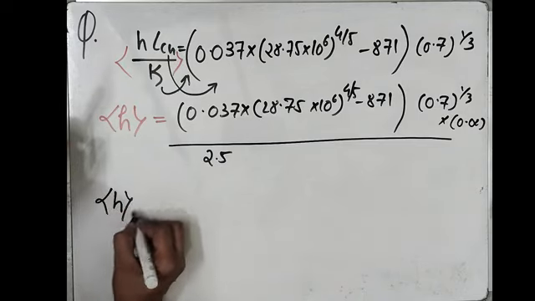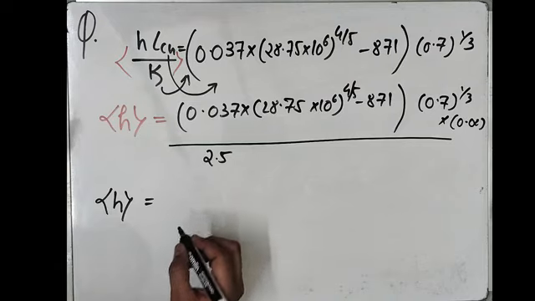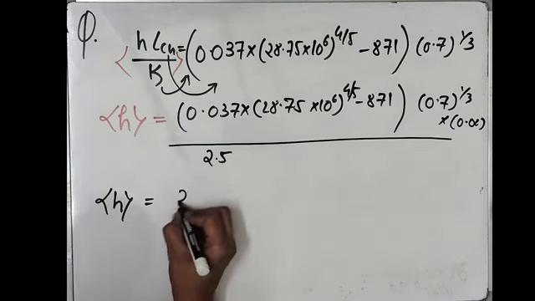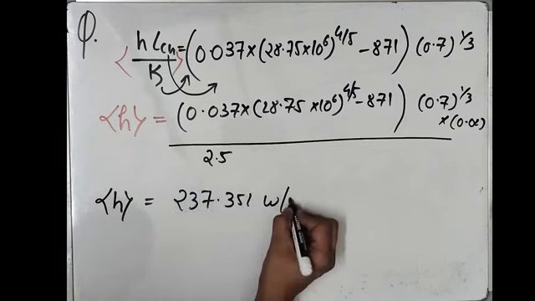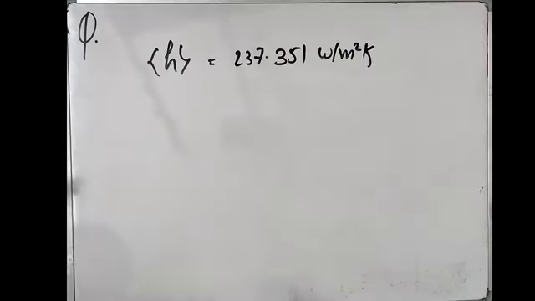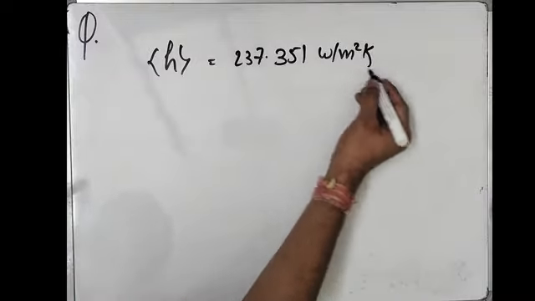After solving this equation, we will obtain the final value of the average heat transfer coefficient to be 237.351 watt per meter square Kelvin. So we have found the heat transfer coefficient, which came to 237.351 watt per meter square Kelvin.